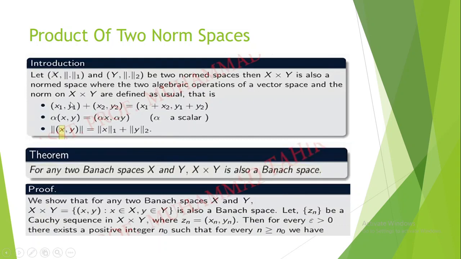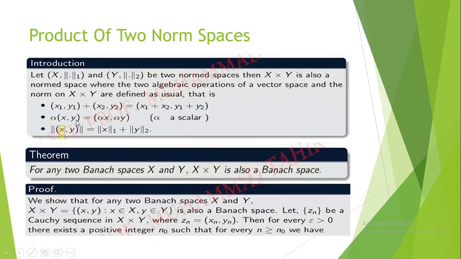This is usual. First we add the first coordinate entry with the other first coordinate entry, and the second entry we add with the other entry of the second coordinate. So we see x1 plus x2, and y1 plus y2.